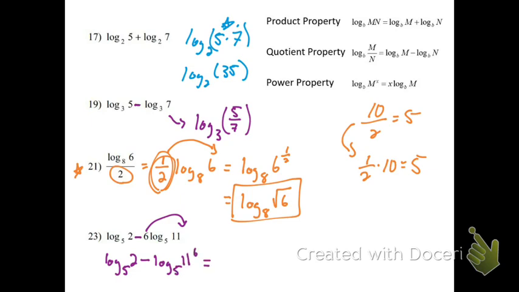Now it's subtraction, so we're turning into log base 5 of, so quotient property means if we're going from subtraction to division, that'd be 2 over 11 to the 6th, and this is inside the log. So that's what you're going to need to write to get that answer correct.